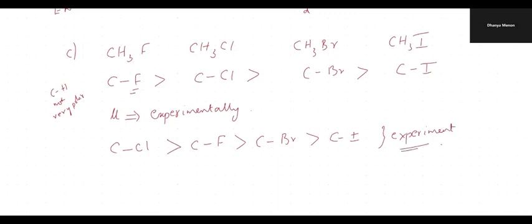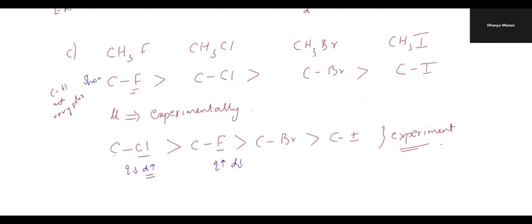Okay, because if we consider Cl and F, for Cl the size is big, the charge is less, distance is more. I'm talking about the internuclear distance between carbon and chlorine, that is more because chlorine is a bigger atom. But in case of carbon and fluorine, charge is more because it's a small atom, distance is less.